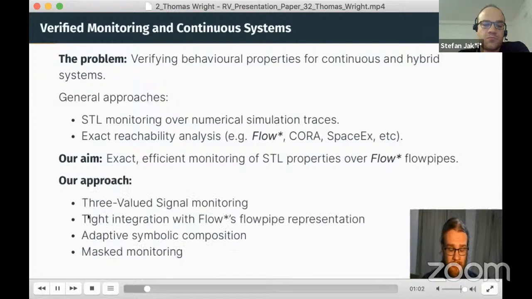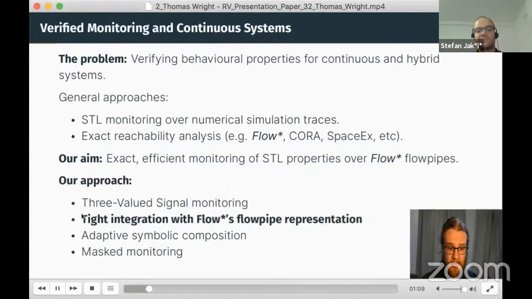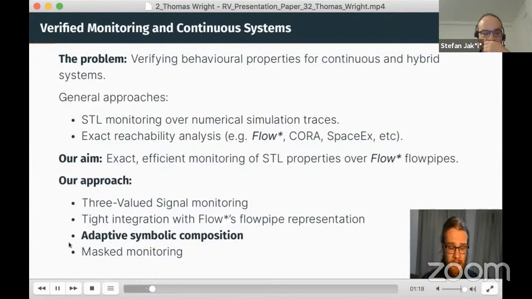So, our approach. We'll look at a three-valued extension of the STL monitoring algorithm. We'll see how tight integration with FlowStar's flow pipe representation allows us to give the most precise results. We'll then turn our attention to optimizations of this method, first the adaptive symbolic composition, and then masked monitoring.